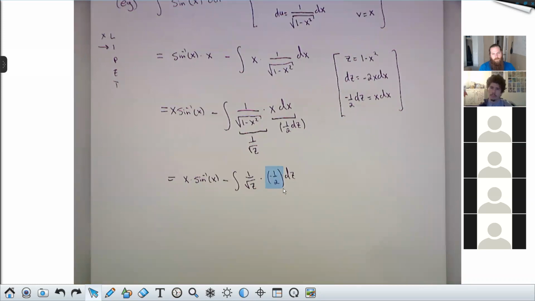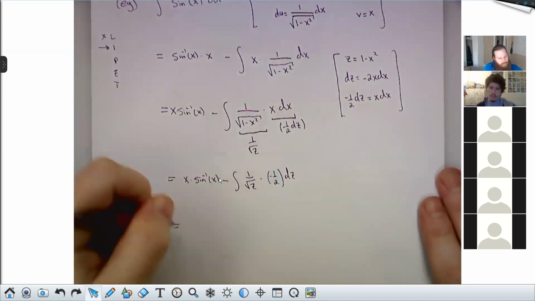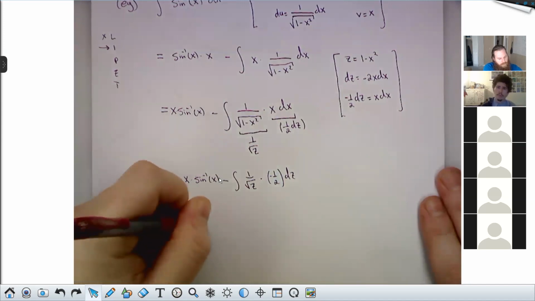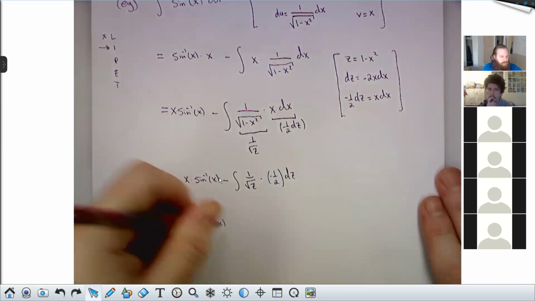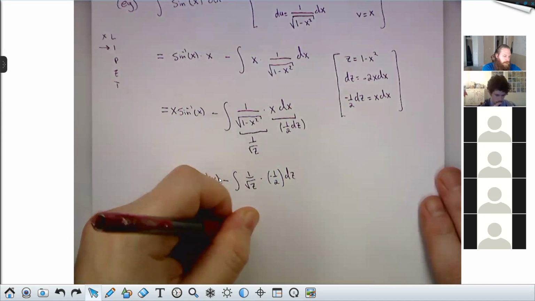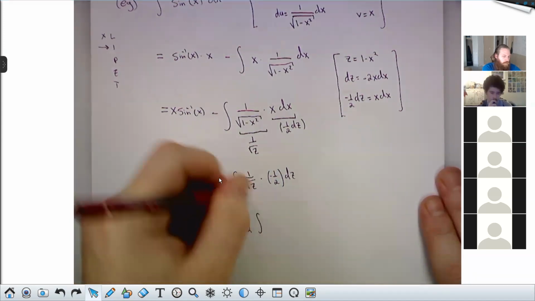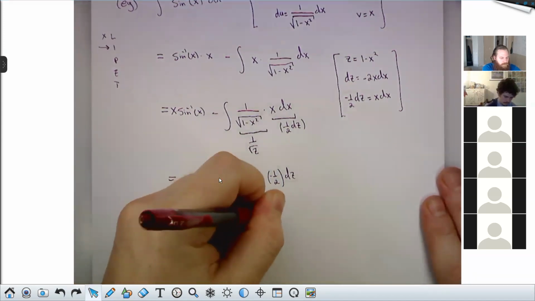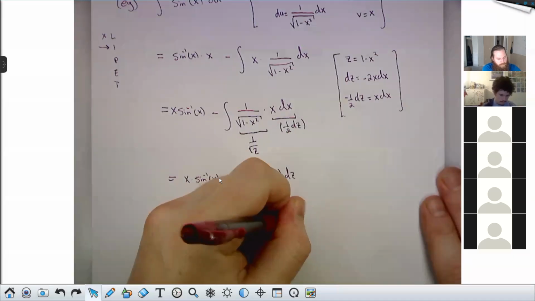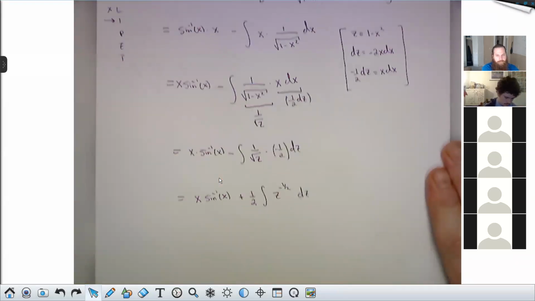I can pop the negative 1/2 out front. I get x sine inverse of x plus 1/2 integral 1 over the square root of z, which is the integral of z to the negative 1/2 dz.